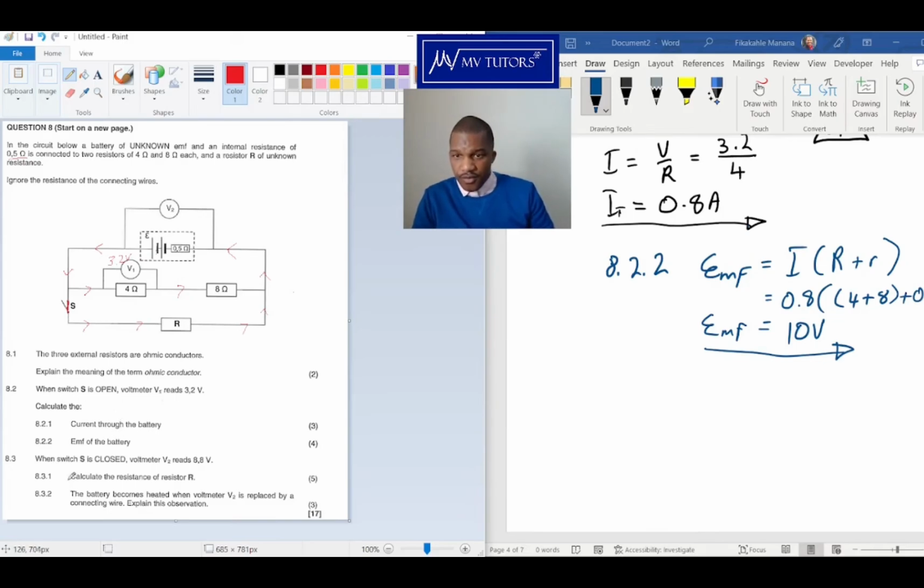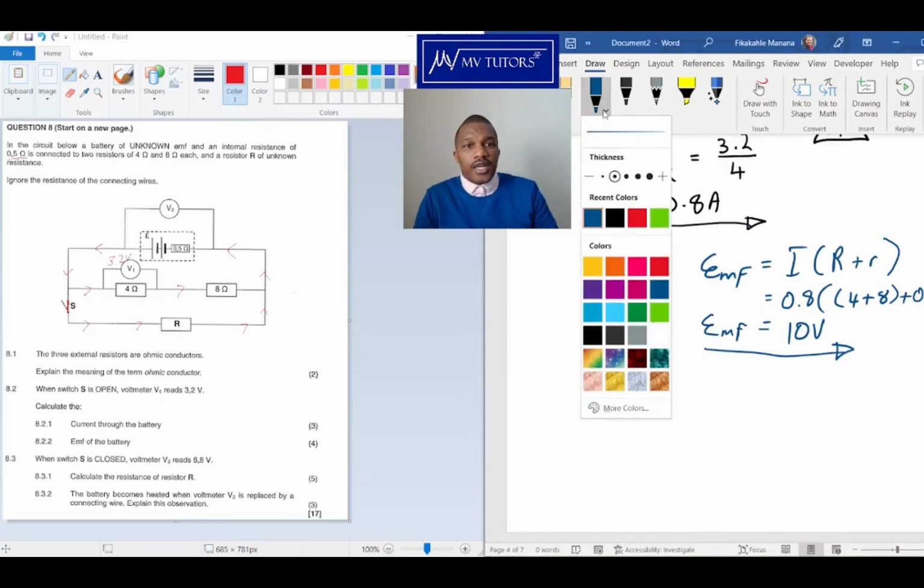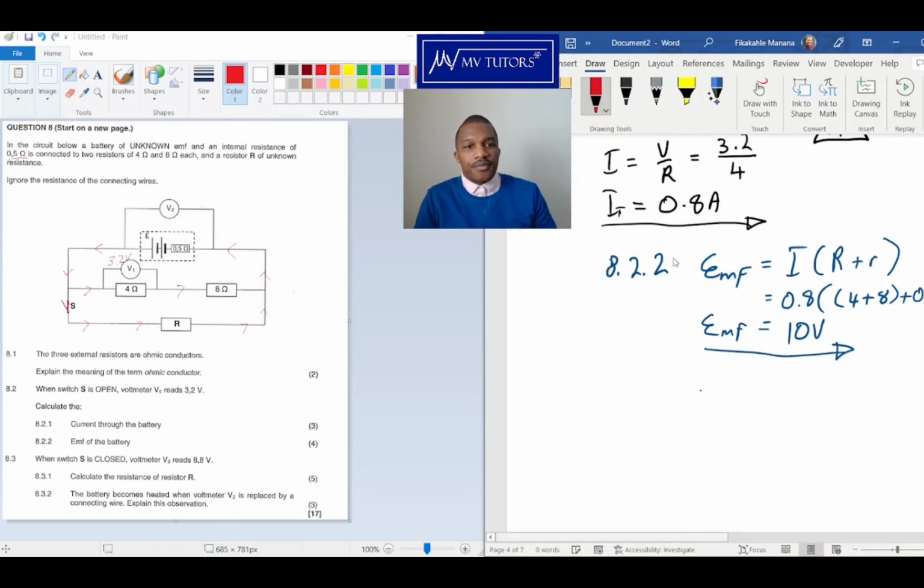Okay, now it says calculate the resistance of resistor R. Oh, and it's 5 marks. That's a long one. They want us to get the resistor R, which is that one. So we're gonna have to work a little bit backwards. So this is for 8.3.1. Okay, so we're gonna say first of all, let's calculate our total resistance.